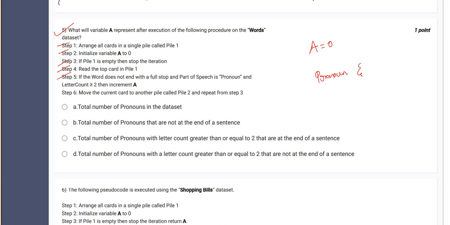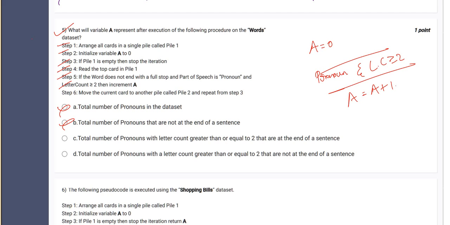and letter count should be at least 2. In such case, A gets incremented by 1. Right. So what does A store? A stores those pronouns which are not at the end of a sentence having letter count at least 2. Let us find out the most suitable option.